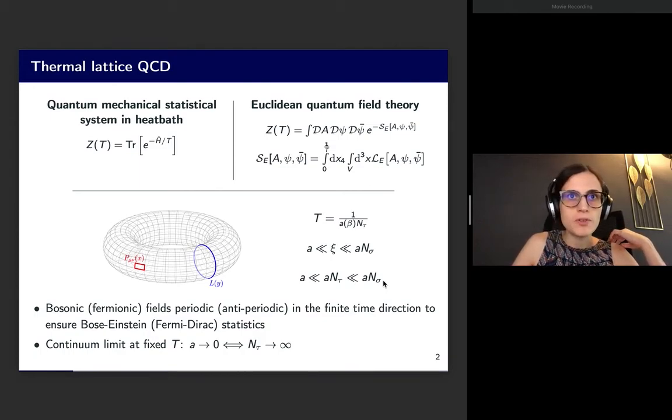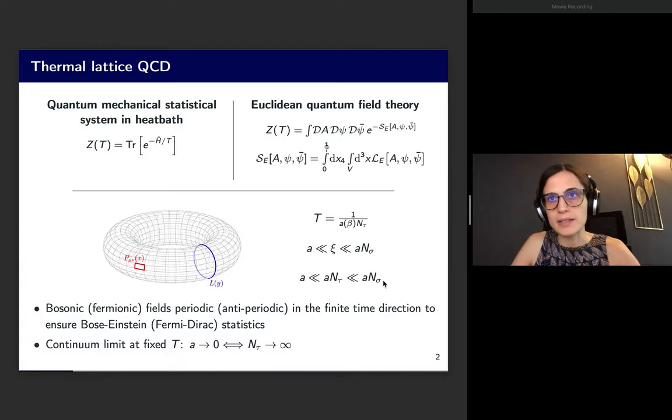At non-zero temperature, you need to know that we can introduce this temperature in our path integral formulation of QCD by starting from the partition function that describes a quantum mechanical statistical system in contact with a heat bath that is at non-zero temperature.